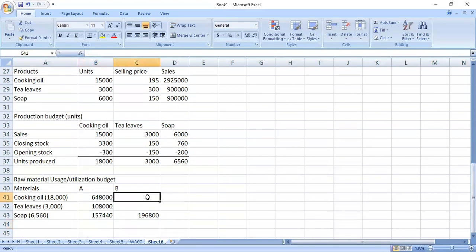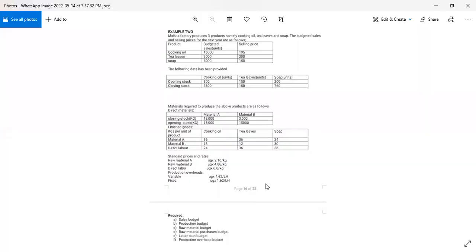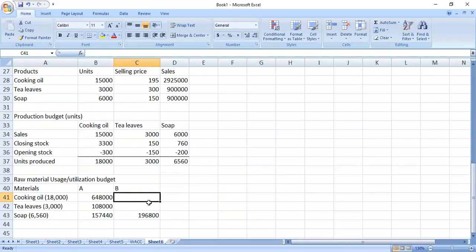Now I'm going to material B. Material B says that for cooking oil, you need 18 kgs for a single unit. You need the 18,000. Then the one for tea leaves.